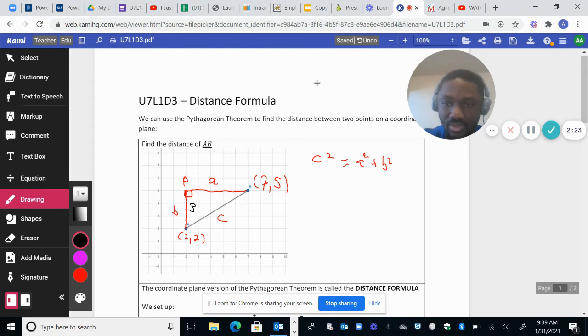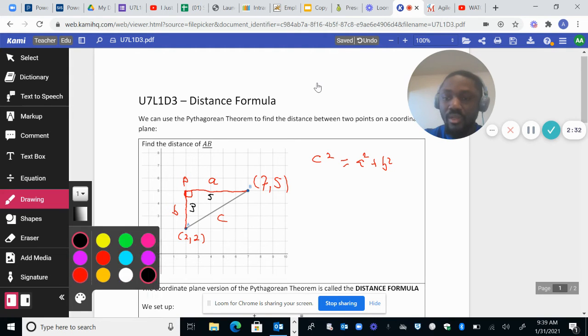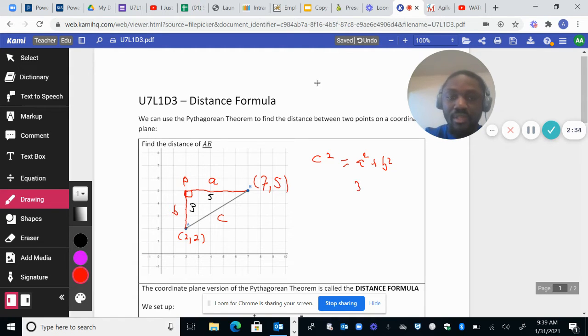A is 1, 2, 3, 4, 5 in terms of distance, and we don't know C. So C squared is 3 squared plus 5 squared. 3 squared is 9, 5 squared is 25. And then 25 plus 9 gives us 34, which is C squared.